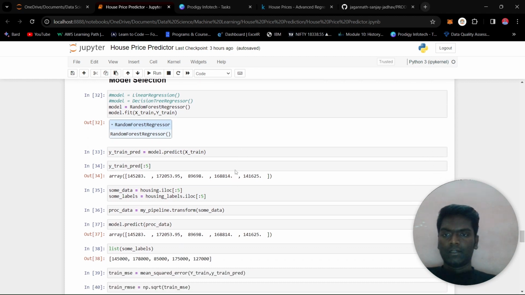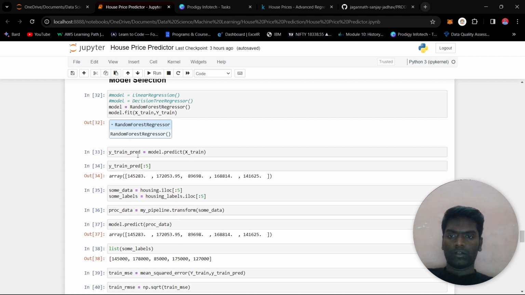First, we'll see that I have imported the model over here. I've defined model as random forest regressor, and model.fit with X train and Y train. Now we are training the model by providing it the features and the labels. The model will do its working, and it will learn all the predictions.